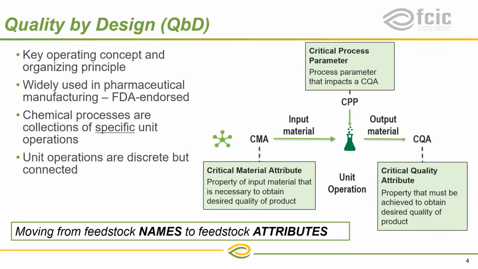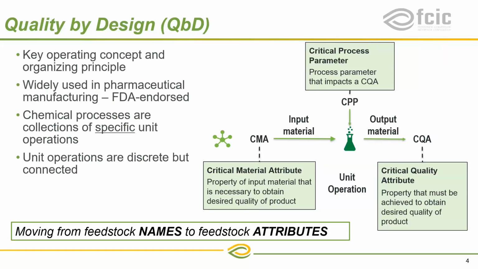And I should point out I am a chemical engineer by training. Any chemical process is a series of specific unit operations, specific process steps, like a reactor, like a filtration step. And these specific unit operations are arranged in a specific order to take raw materials on the way in to make products on the way out.